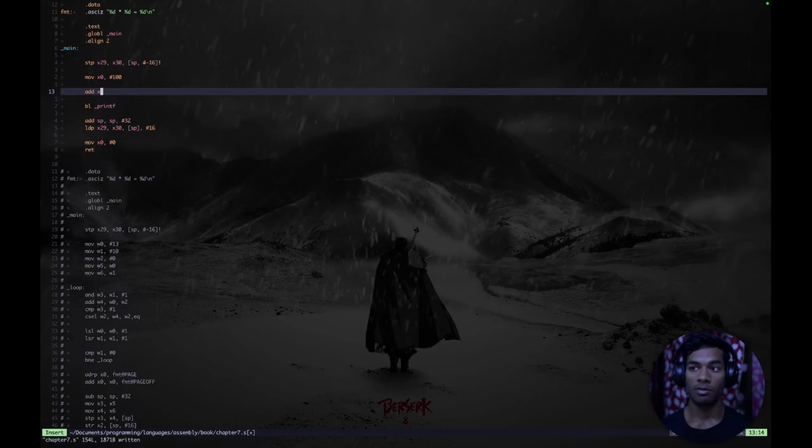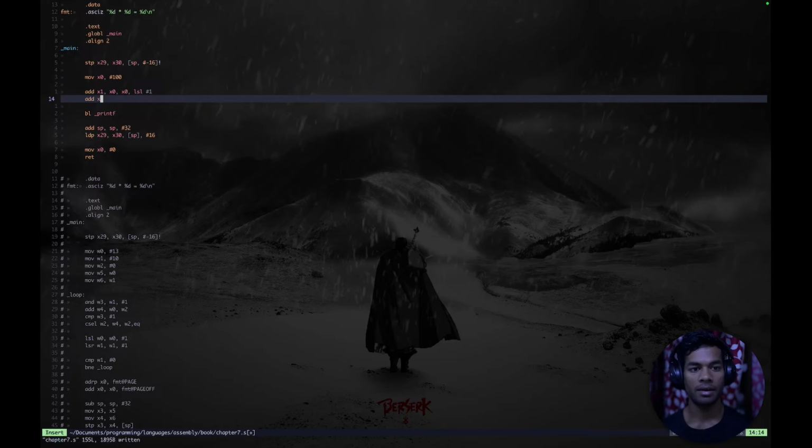But I will also require the original value, so I will store in the first register the value of the zeroth register added by itself after logically shifting left by 1, and then add and save to the zeroth register the value of the first register, that is multiplying it by 3 and left shifting the value of the zeroth register by 5. Yep, no, 6.